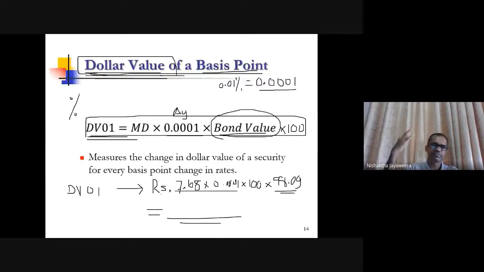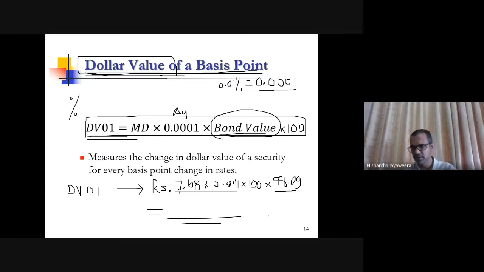If you have a portfolio of 10 million face value, then you have to multiply 10 million into this one divided by 100. If you use this figure here, the bond value, then you need not use this 100.